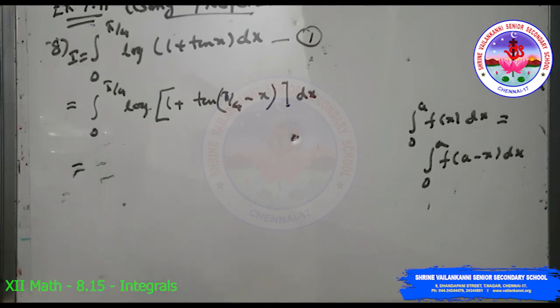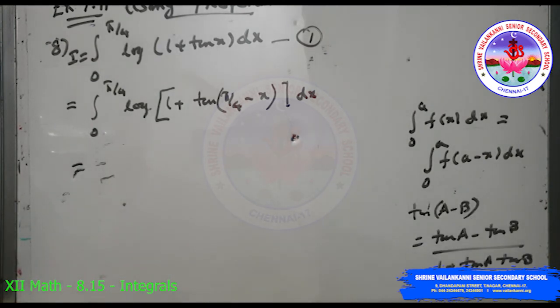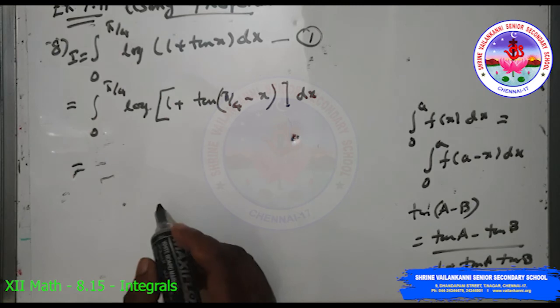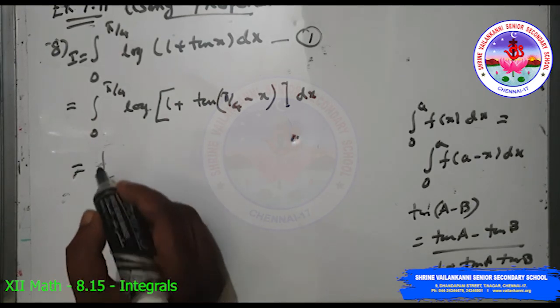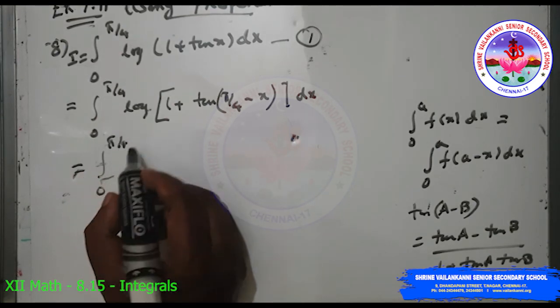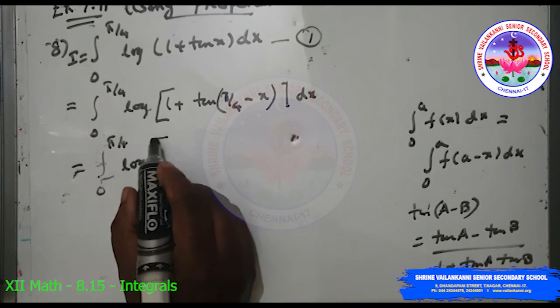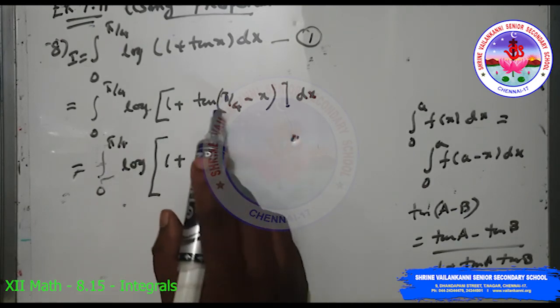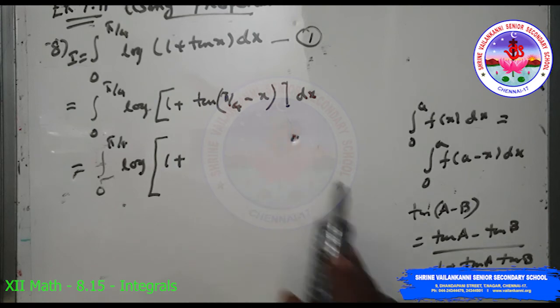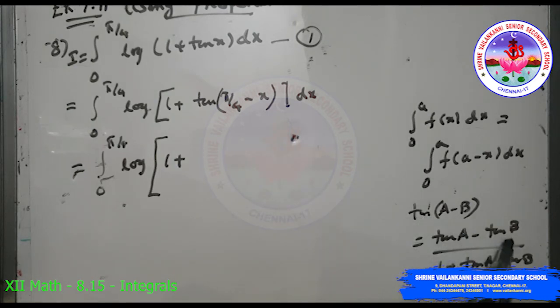Which is equal to integral 0 to pi by 4 log 1 plus, here tan of a minus b. So tan of a minus b is tan a minus tan b by 1 plus tan a tan b.